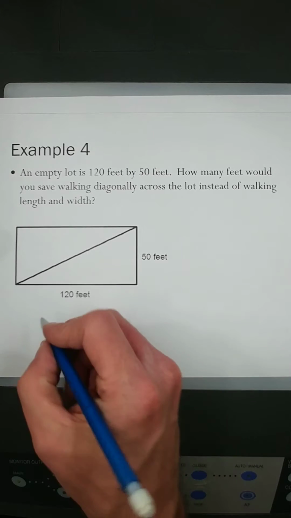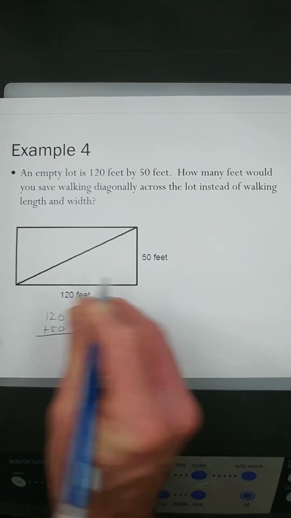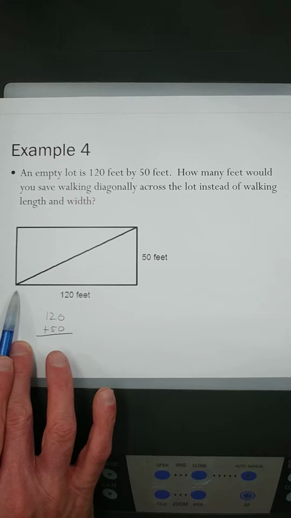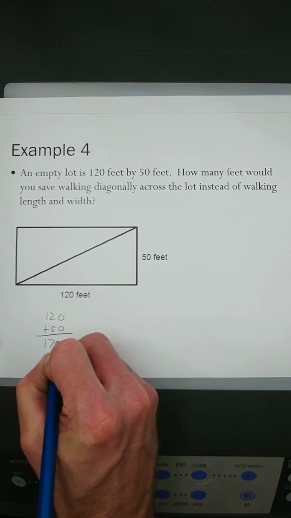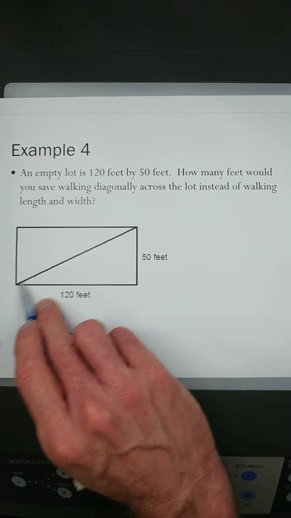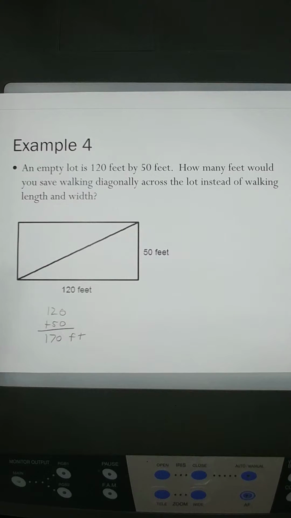Pretend it's a park in the middle of town, and you walk down this street 120 feet and up this street 50 feet, you would walk 170 feet. But suppose you went straight diagonally across the park, what would that distance be, and how much distance would you save doing that?